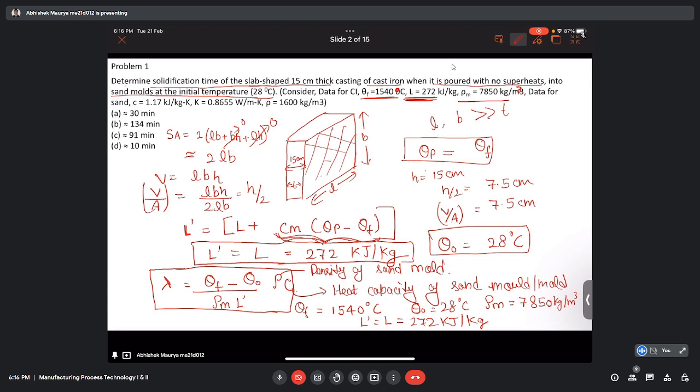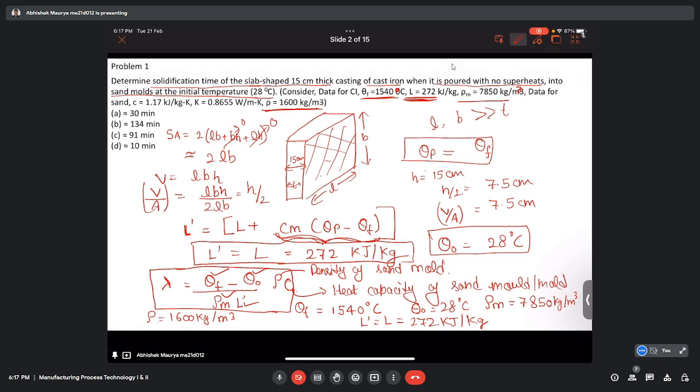So if we see the lambda, now this is known, this is known, this is known, and L dash is also known, and rho is the density of the mold. And if we see what is given, density of mold is 1600 kg per meter cube. So we will note down rho is equal to 1600 kg per meter cube. And what is left? Heat capacity of the mold material.